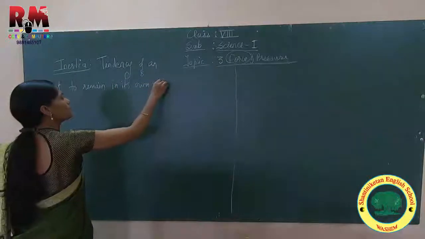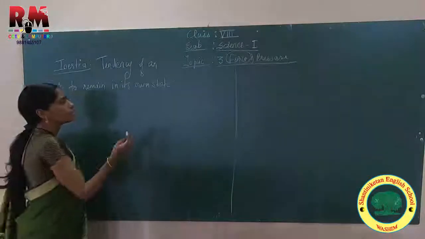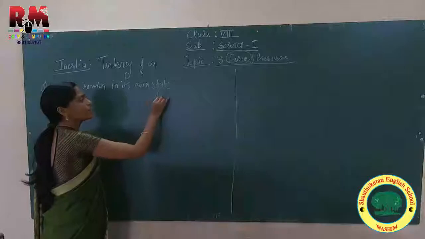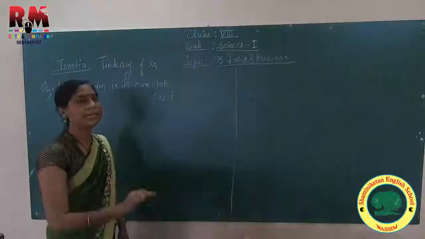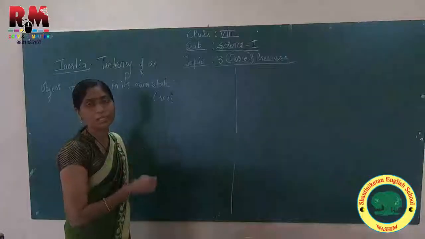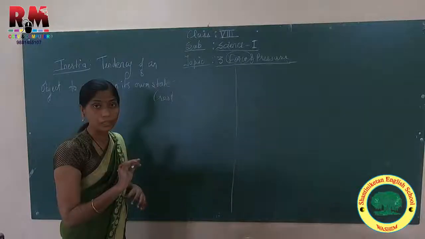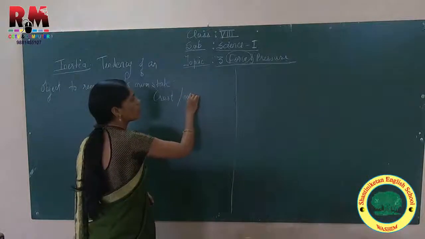Own state means, see children, state here means that either the object is at rest. At rest means what? The state of rest means it is not moving, it is a stationary object. Or the state can be of motion.